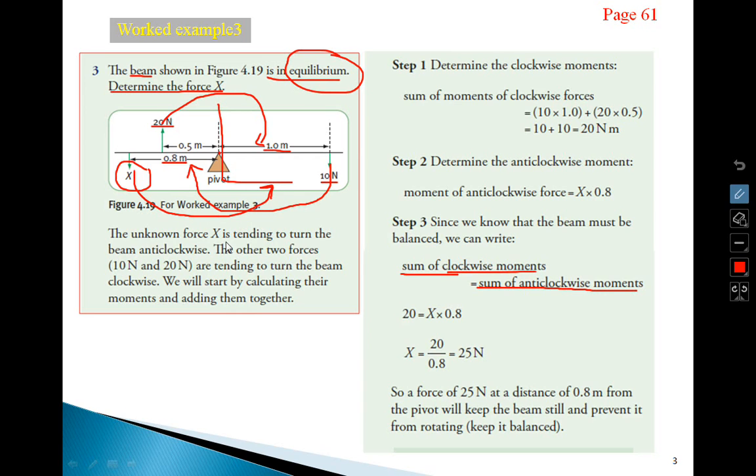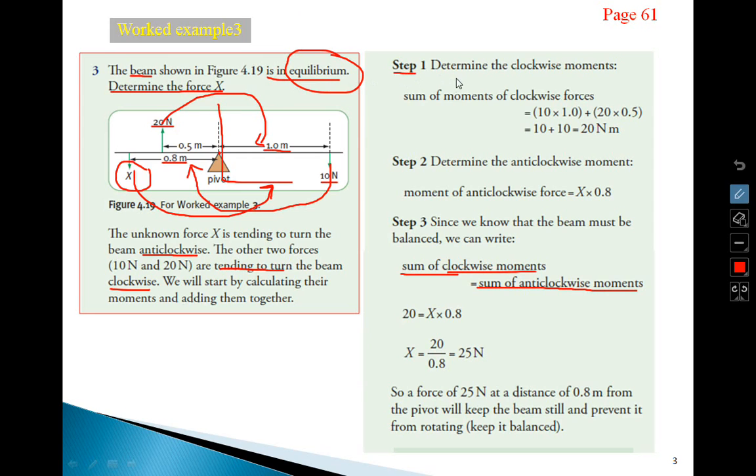So the unknown force X is tending to turn the beam anti-clockwise. The other forces, 10 and 20, are tending to turn the beam clockwise. So we start by calculating their moments and adding them together. The solution of this example is that the beam is in equilibrium, is balanced.